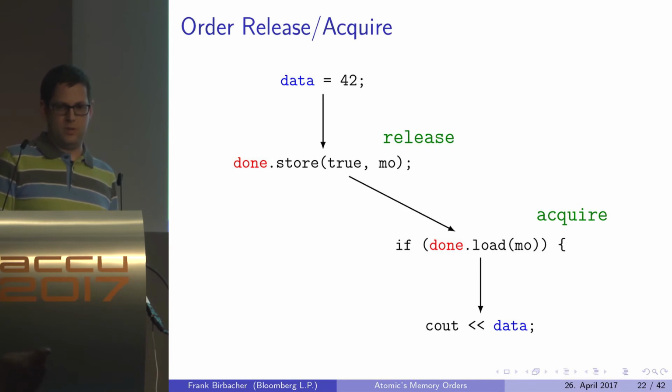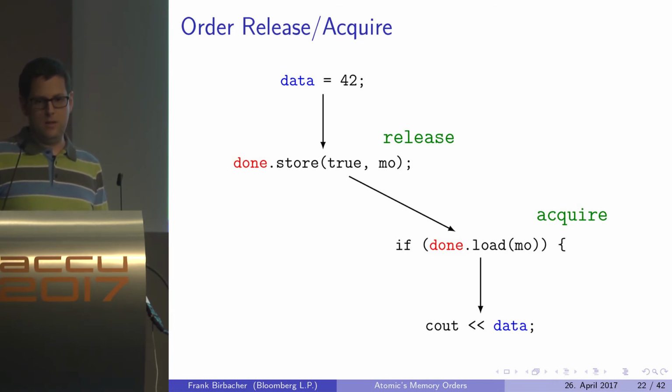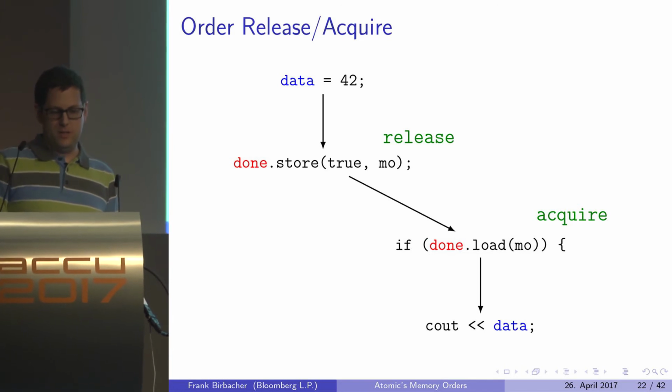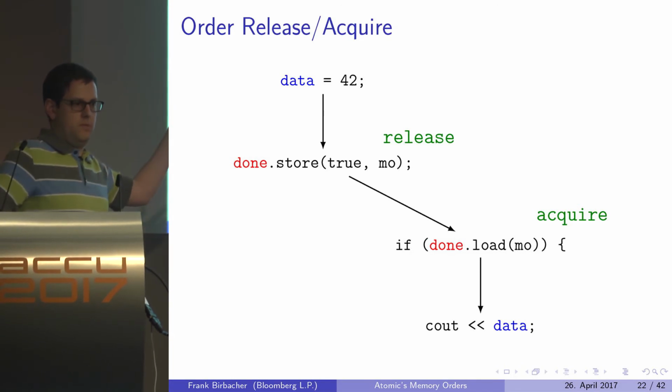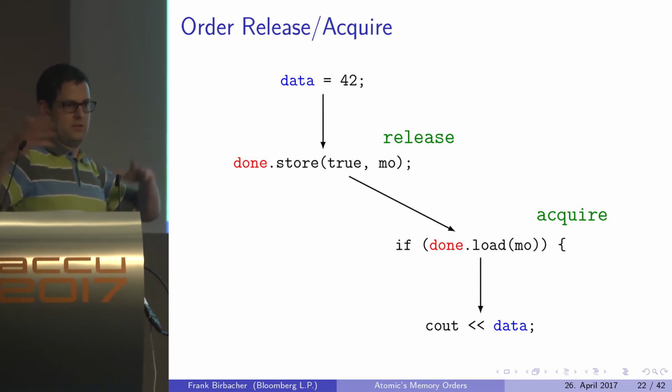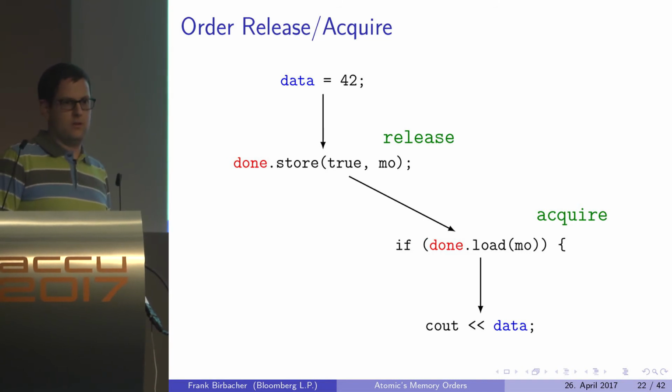So this example works, yes. But that doesn't mean that later stores could not be pushed before or later data. Right, the question is if I, in the first thread, have any stores or writes to memory after storing the flag, these might still be reordered before the atomic store because they don't play into the game here. They're unrelated.